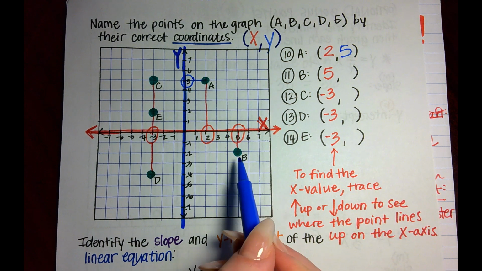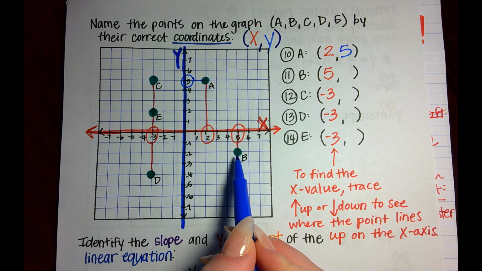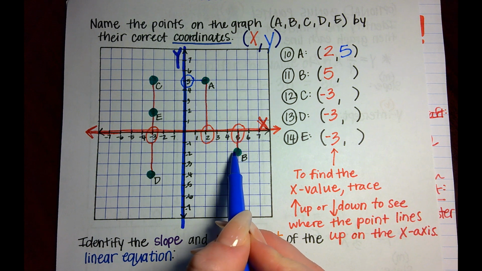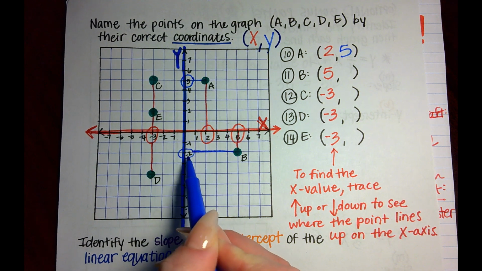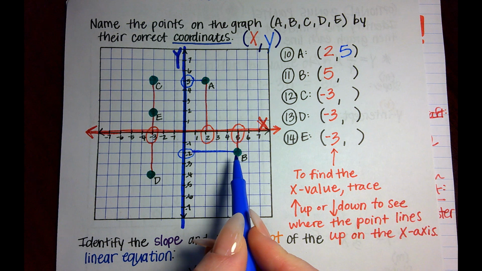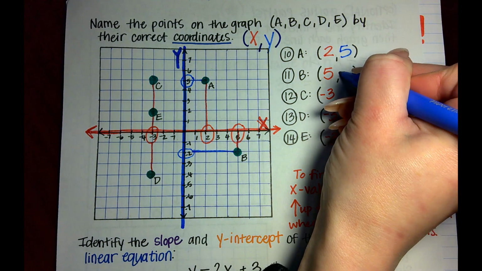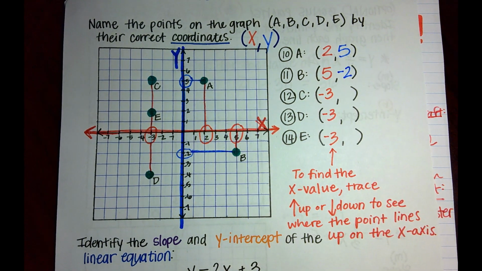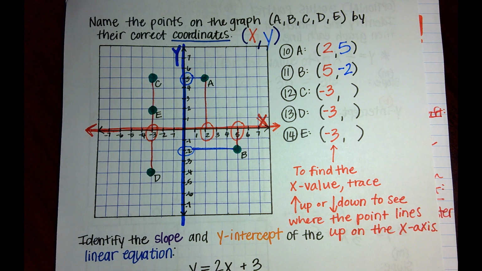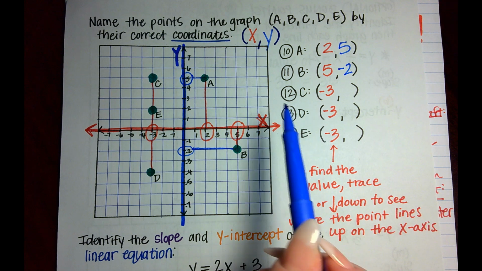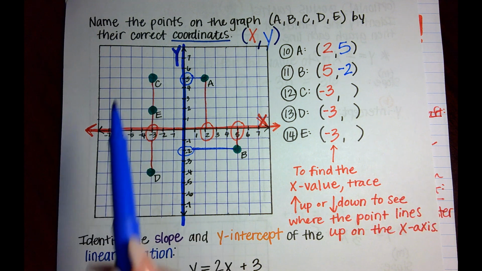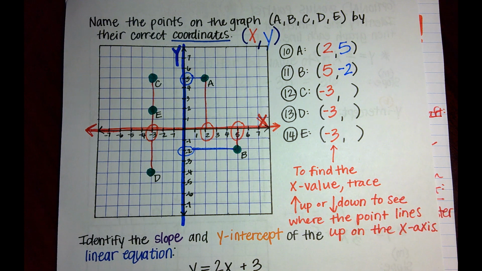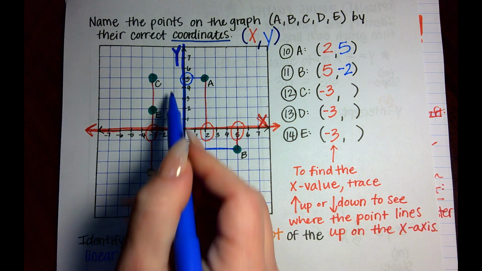How about point B? I'm going to trace over and see that it lands on -2 on the y-axis. So B is -2 for y. So now let's look at point C. Where does it line up on the y-axis? 5.